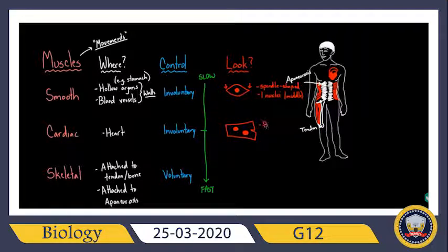So the two features, I'm going to write out here: branched, and one or two nuclei. So not always two, but they can have two. And they're also located kind of in the middle of the cell. And I'll show you what I mean by middle when I draw the skeletal muscle.